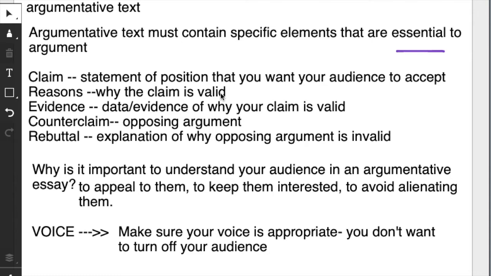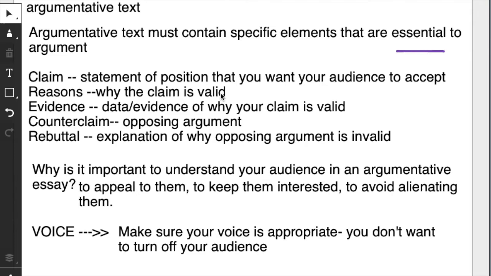Listed underneath the second sentence there are 5 different elements to a successful argumentative text. The first is a claim. You can consider this your thesis statement. This is your statement of position that you want your audience to accept. It's very important that you are not wishy-washy here.